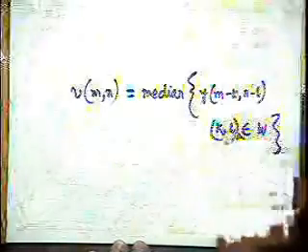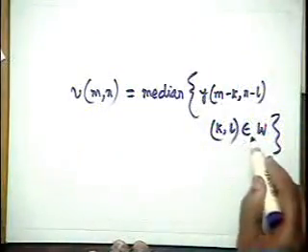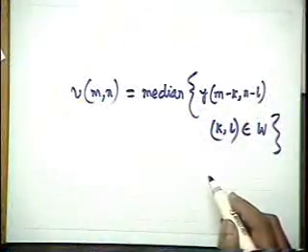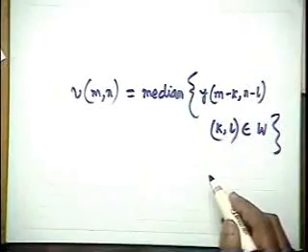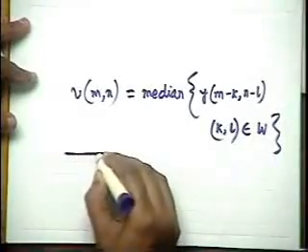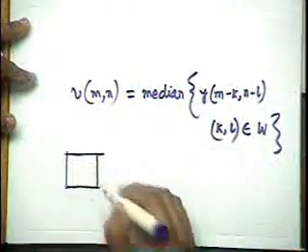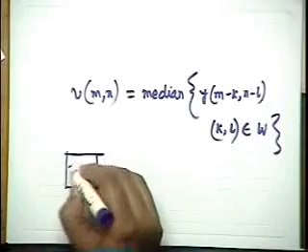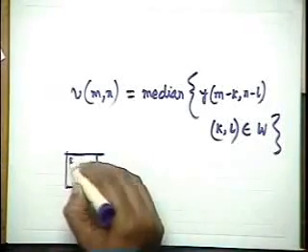I think all of you know what a median is. Let me just illustrate this with an example. Supposing I consider a 3 by 3 window, and for this 3 by 3 window, supposing the values I have are 1, 2, 5, 18, 4, 3, 2, 7, 5.